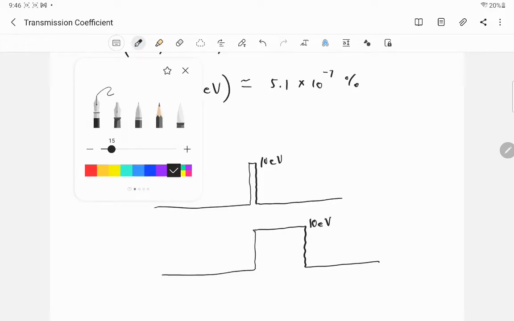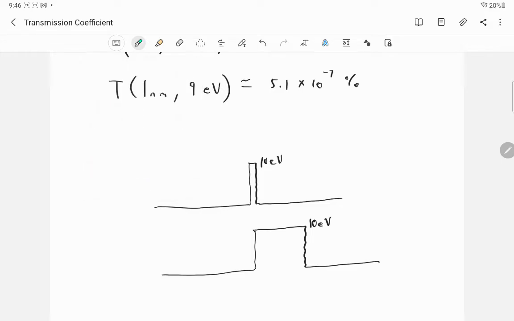And in these two cases, I can study either 7 electron volts for an energy or 9 electron volts, which is right underneath the top of the barrier, for an energy. So I'm trying out these two different energies. And so I can have two different widths. This is the 5 nanometer width, and this is the 1 nanometer width.